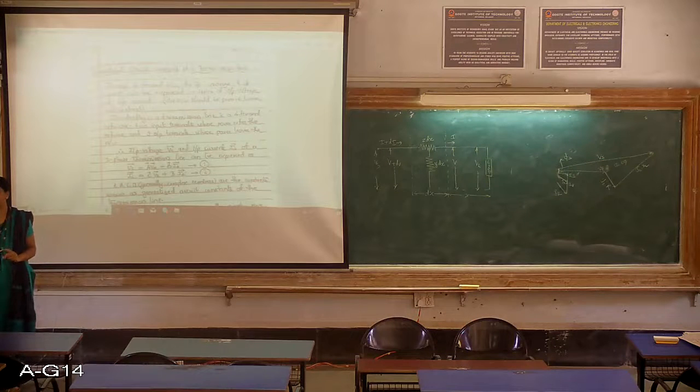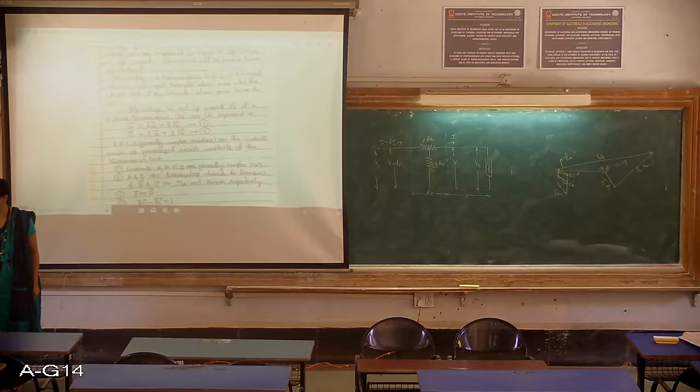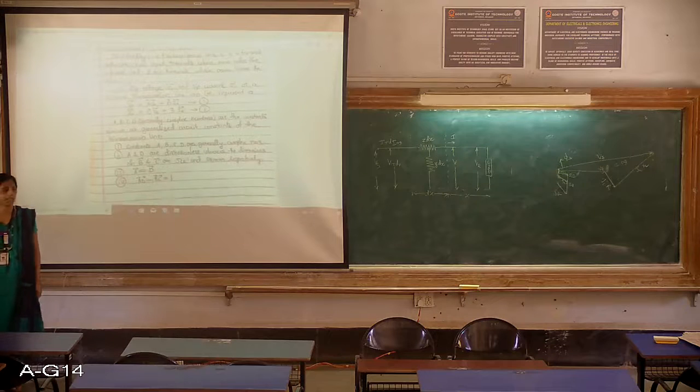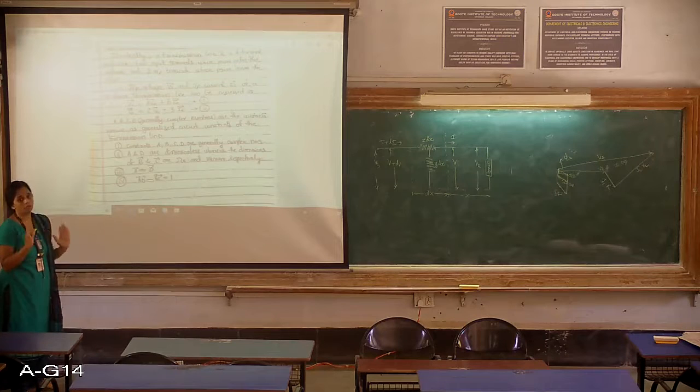So a transmission line is considered as a 4-terminal network: 2 input terminals where power is entering the network, and 2 output terminals where you are receiving the power, or where power is leaving the network. The input voltage Vs and input current Is for a 3-phase line are expressed in terms of the 4-port network.